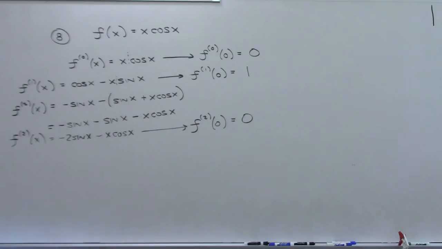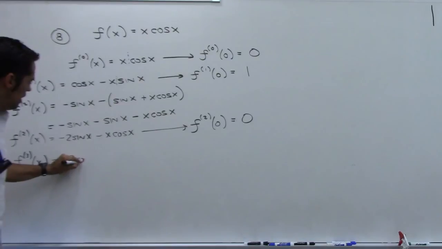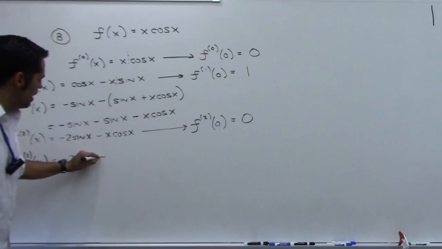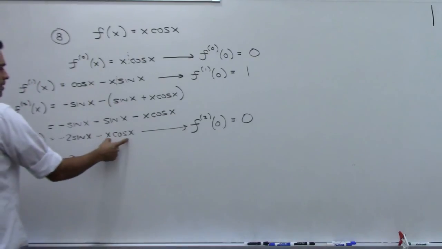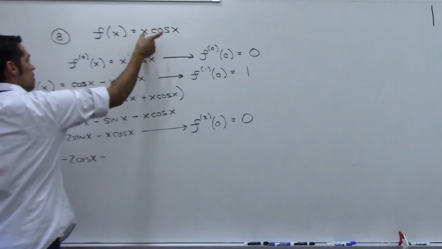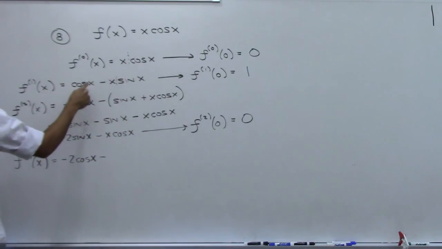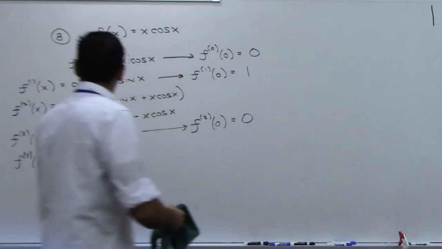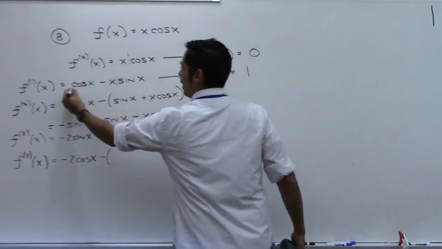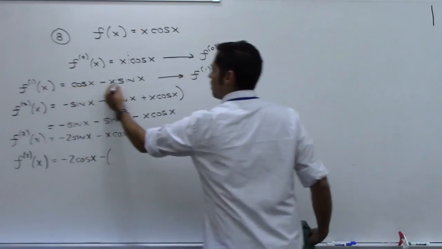All right, so now the third derivative. Okay, the derivative of negative 2 sine x is negative 2 cosine x, minus the derivative of x cosine x. Wait a minute, that's the original function. What was the derivative of the original function? It was this. So I have minus, and so I don't have to do the work again. I just look at that first derivative, which is this.